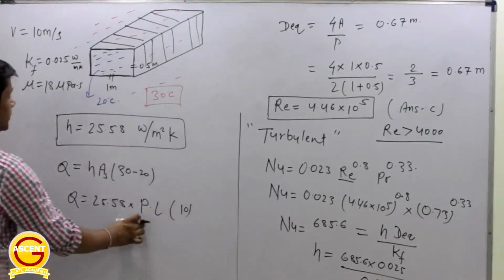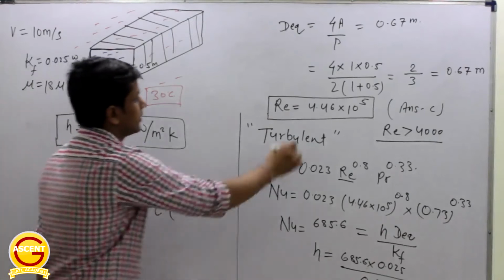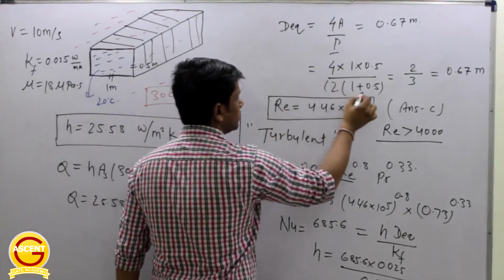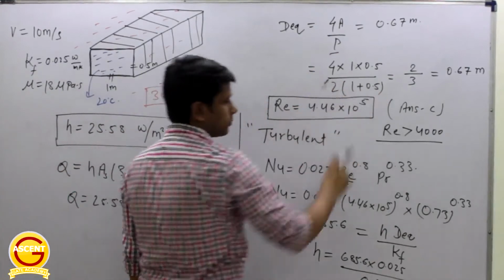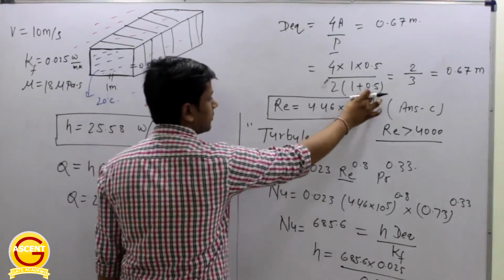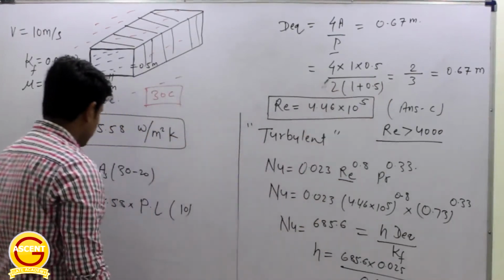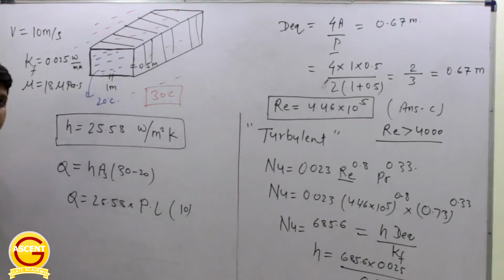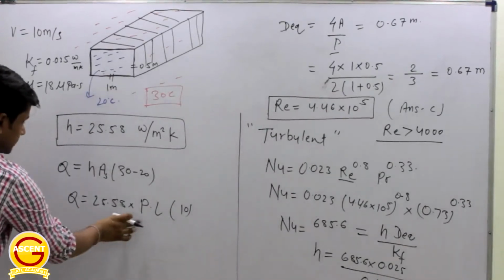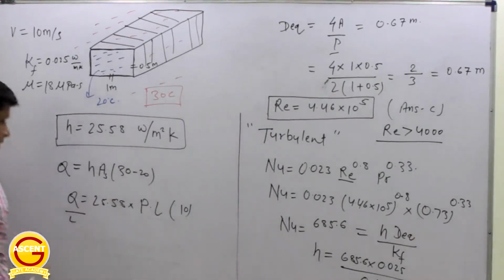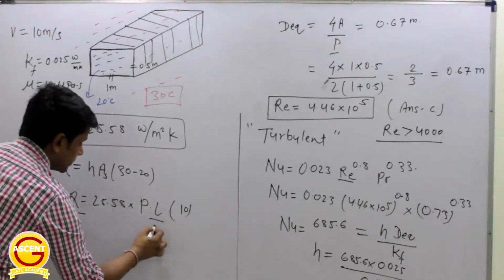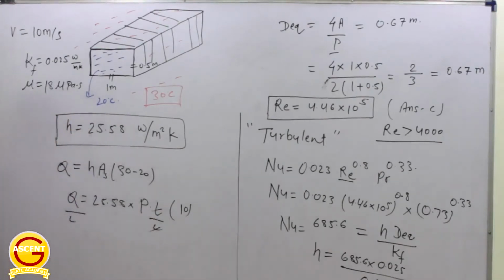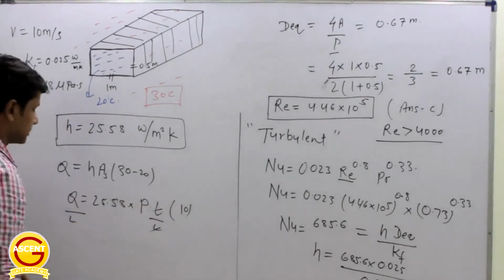And what is perimeter in this case? Here we have calculated the perimeter. It is 2 into 1 plus 0.5, which will be 1.5 into 2, means 3. So 3 meter is the perimeter, and we have to calculate this heat transfer per unit length, right? So here also it will be per unit length, or in place of length you can write 1 itself.